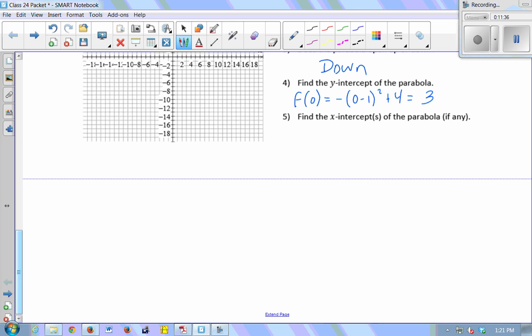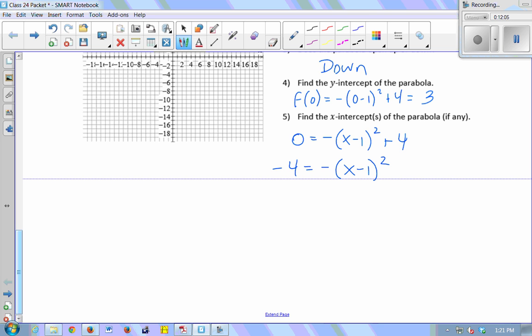Plug in 0 for y, or for f of x. So I'm going to have 0 is -(x minus 1) squared plus 4. And I want to solve this for x. Any ideas? Any memories on how to solve this thing? If I subtract 4 from both sides, I would have -4 equals -(x minus 1) squared.